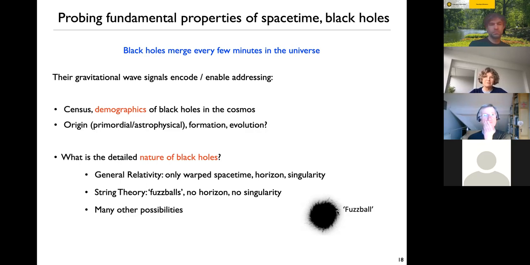Were they formed maybe through some exotic quantum fluctuations in the early universe or from astrophysical channels? What are the different formation channels in astrophysics, how can they form, how do they evolve and grow, and how do the binary systems of them form? So that can go on and on and on. There are many interesting questions to be addressed.